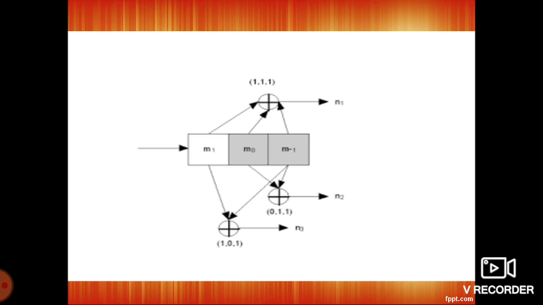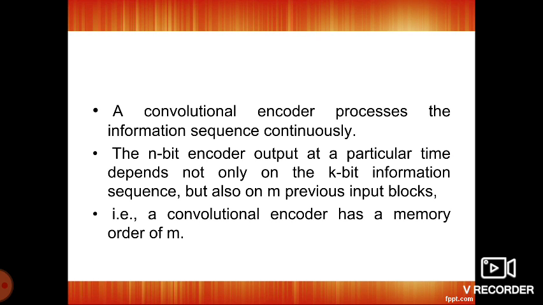N1 is the first modulo 2 adder having three connections, N2 having only two connections from m0 and m minus 1, and N3 having connections from m1 and m minus 1. Depending upon the connections from the inputs, we can write the equations of n1, n2 and n3. So n1 is m1 modulo 2 addition with m0 modulo 2 addition with m minus 1, n2 is m0 modulo 2 addition with m minus 1, and n3 is m1 modulo 2 addition with m minus 1.